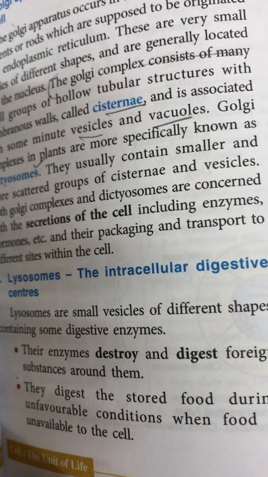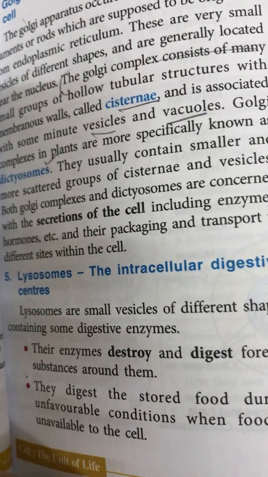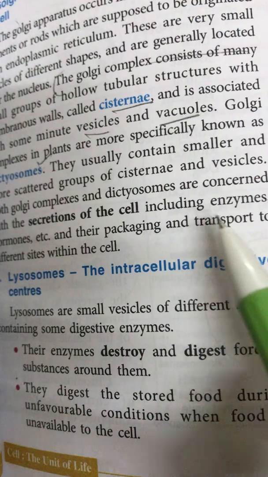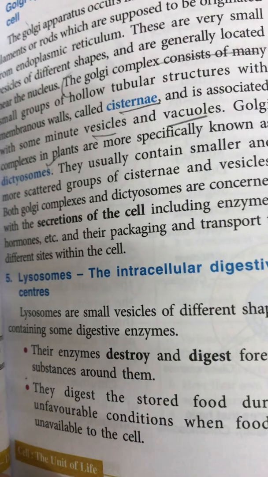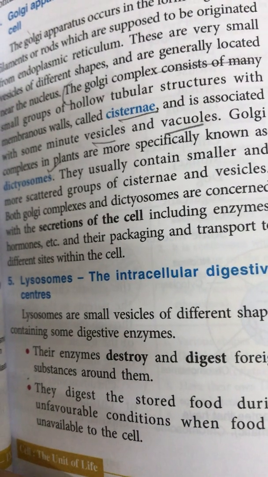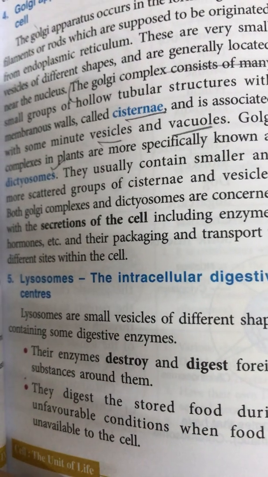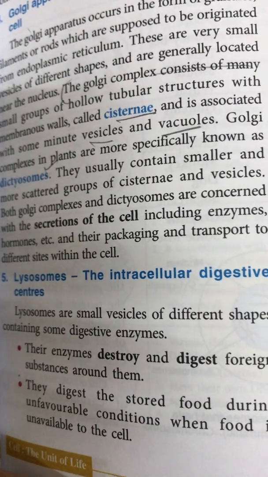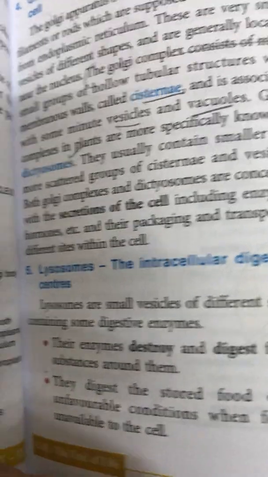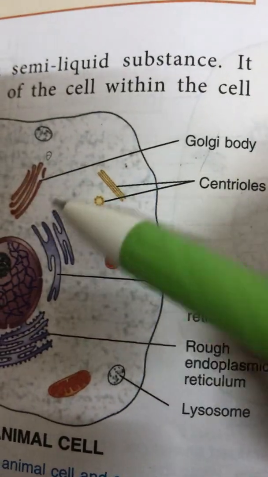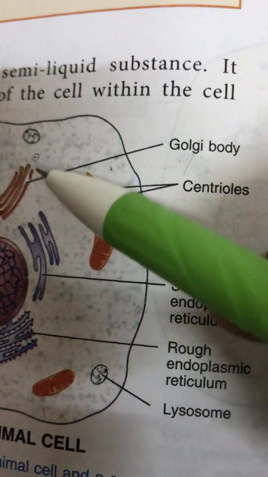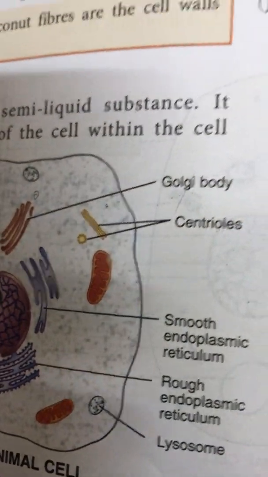So you may write here, secretes enzymes and hormones and transports them to different parts of the cell. This would be the function of Golgi complex, and this is what it looks like, having cisternae, vesicles, and vacuoles.